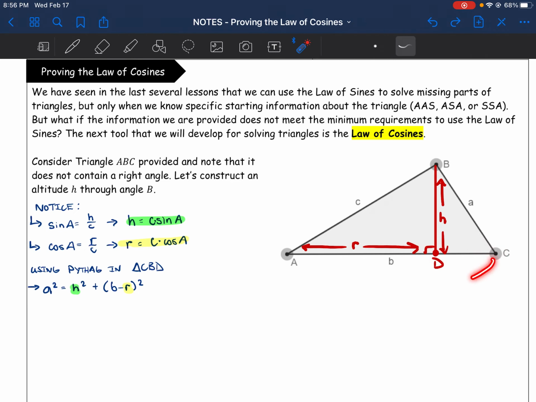And if we think about it, if this whole length is b and this length is r, then this length is b minus r. So using Pythagorean's theorem, a squared is equal to h squared plus (b minus r) squared.